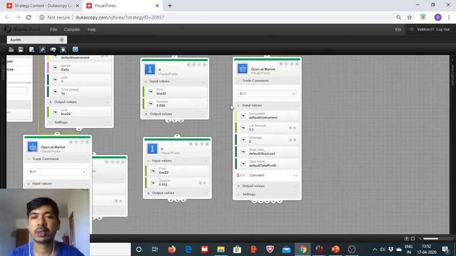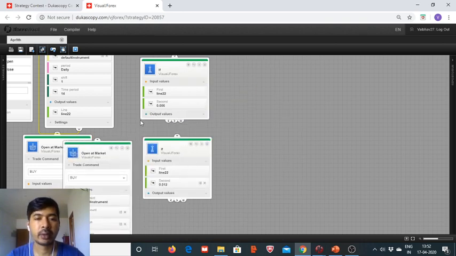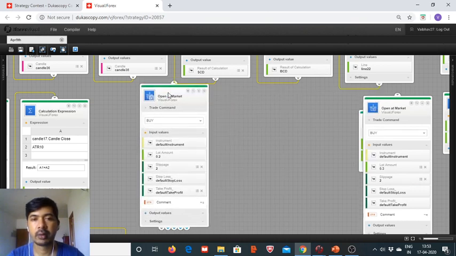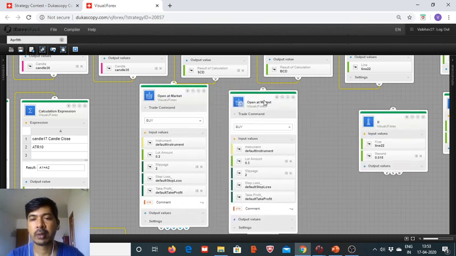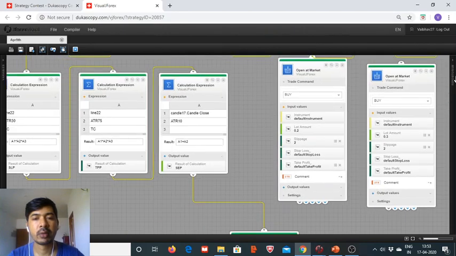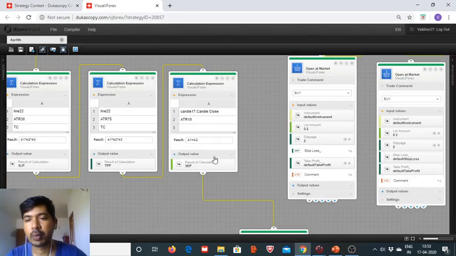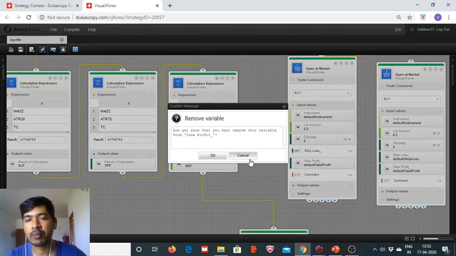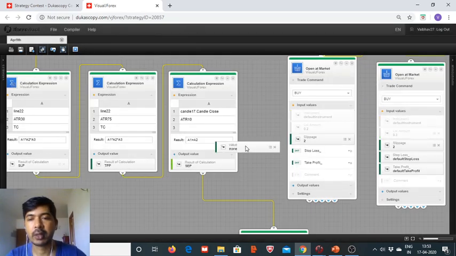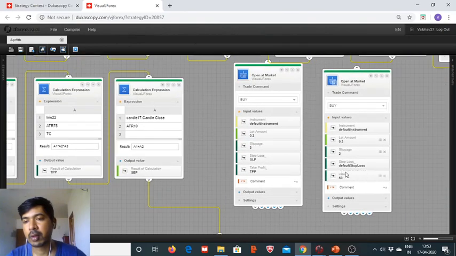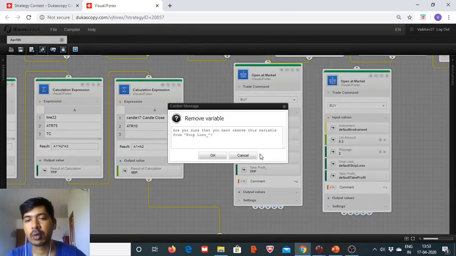Now we change the static stop loss and the target price combination and make it dynamic. So we take the calculation from these SLP and the TPP. So we remove this default stop loss, default take profit, and we bring in the SLP and the TPP, and here comes the stop loss removal.